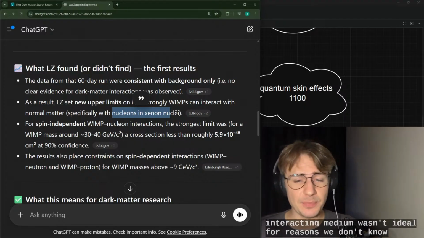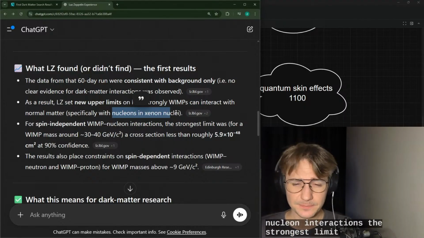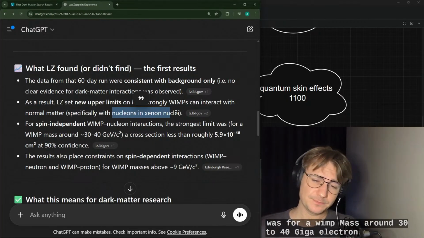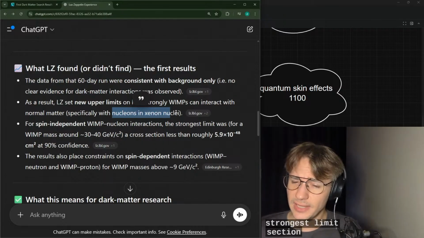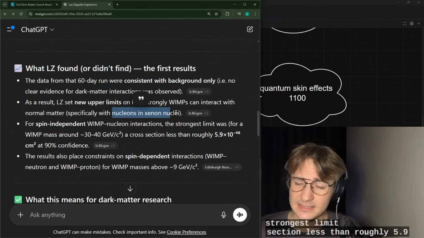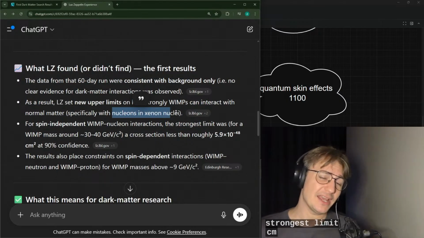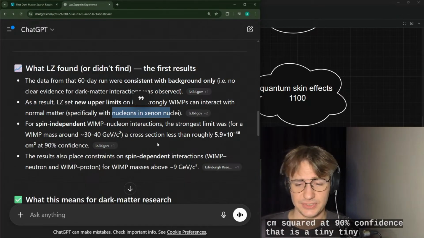For spin-independent WIMP-nucleon interactions, the strongest limit was for a WIMP mass around 30 to 40 GeV/c². A cross-section less than roughly 5.9 times 10 to the negative 48 centimeters squared at 90% confidence. That is a tiny, tiny cross-section.